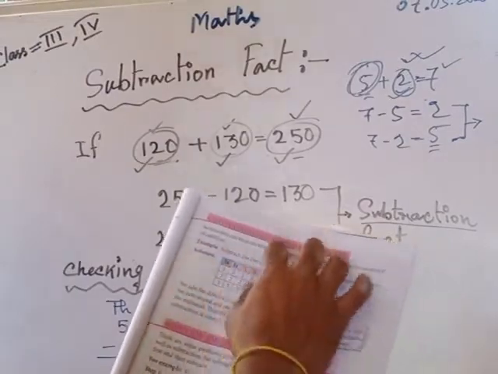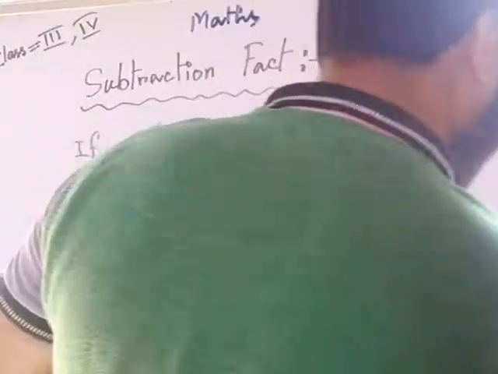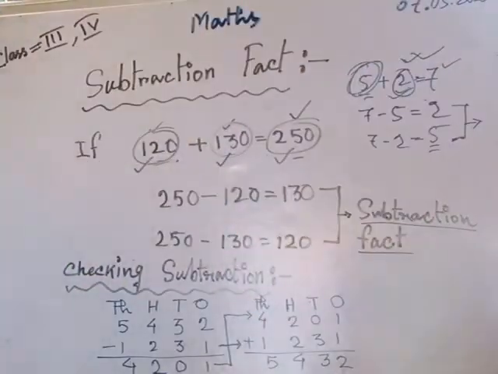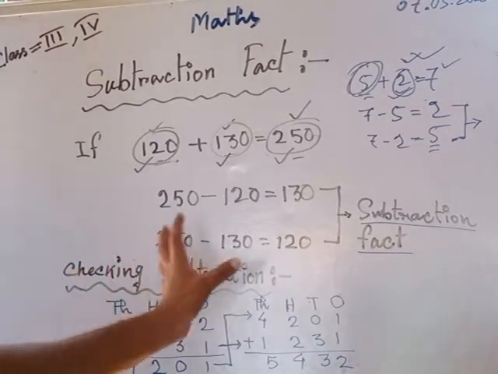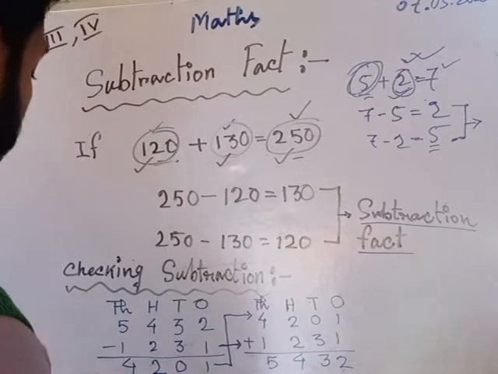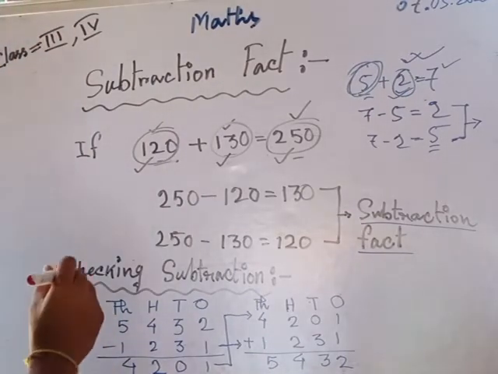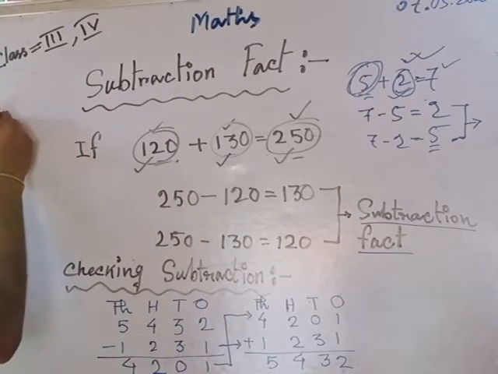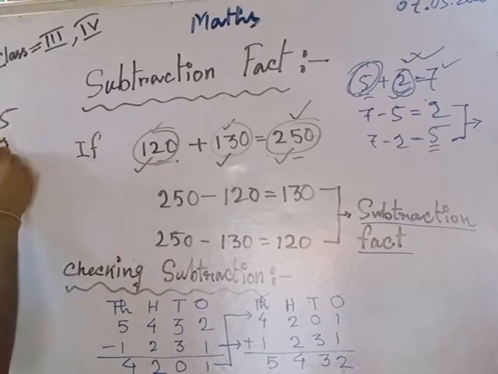Okay, this one is called checking subtraction by addition. How do we check whether the subtraction result is correct or not? Suppose 5 minus 2 is 3.